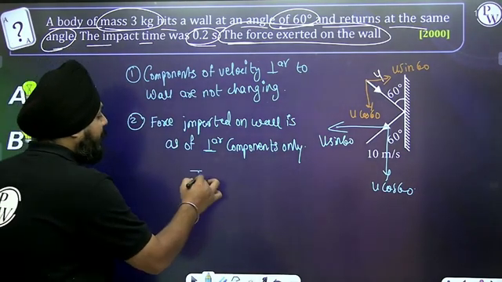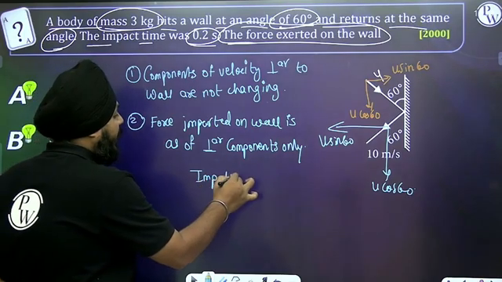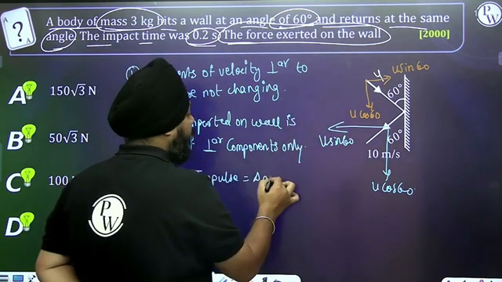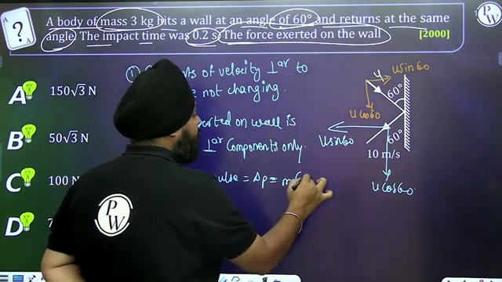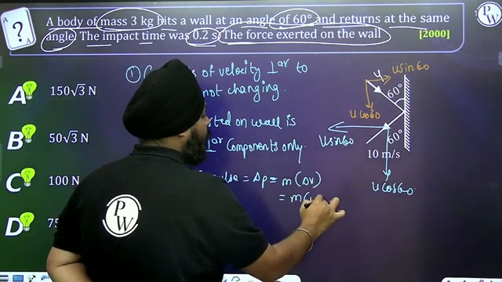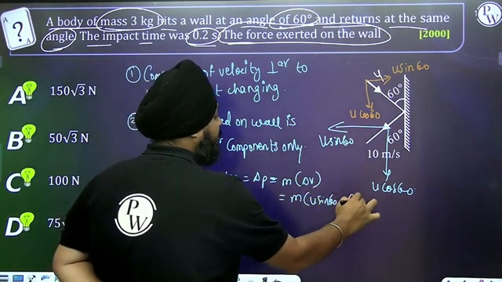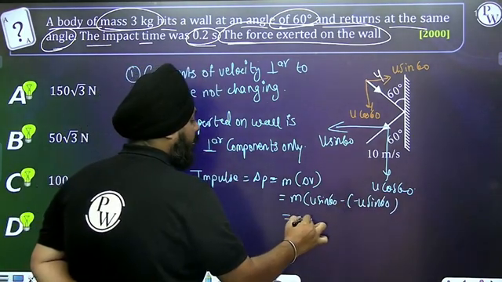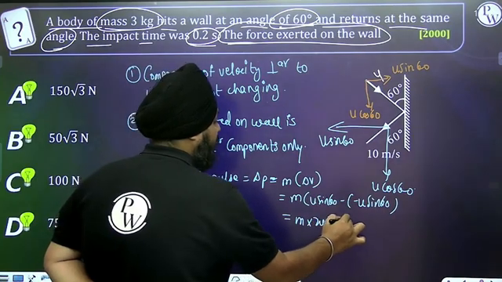So what will be the impulse? That is equivalent to the change in momentum, right? If we are considering the sign convention, that is m delta v. So m into u sin 60 into positive, minus negative u sin 60, so this is equal to m into 2u sin 60.